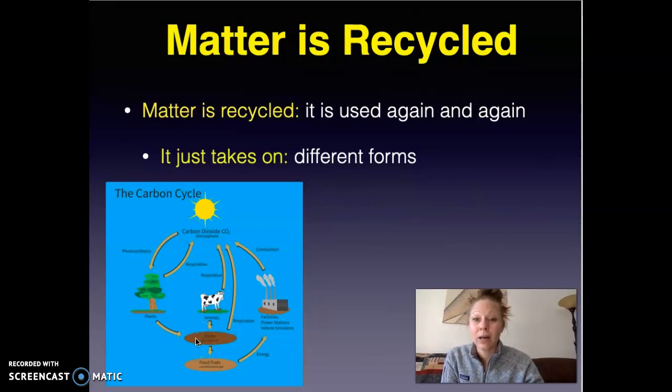So bacteria and worms, and they're going to eat the carcass. They're going to breathe out that carbon dioxide just like we do, and it goes into the atmosphere where a tree is going to take it in.